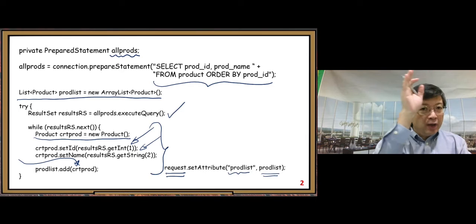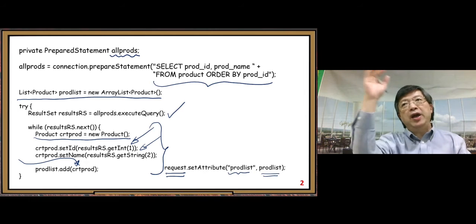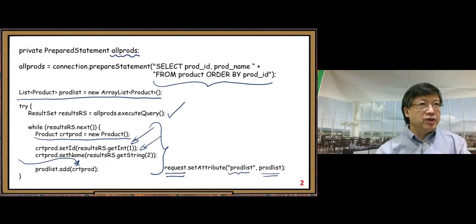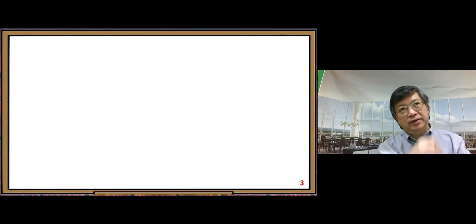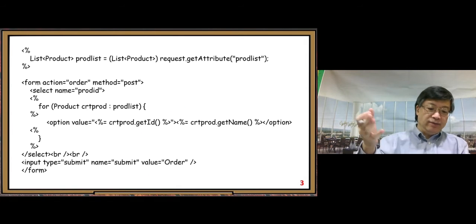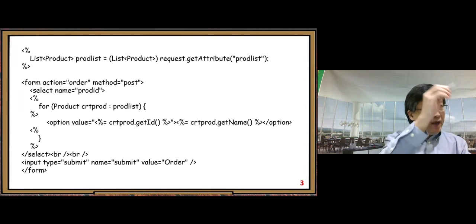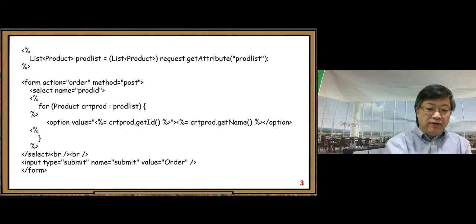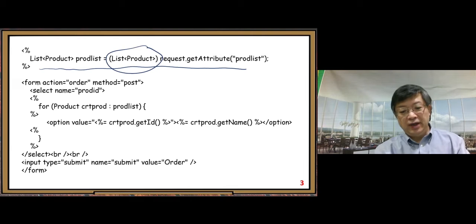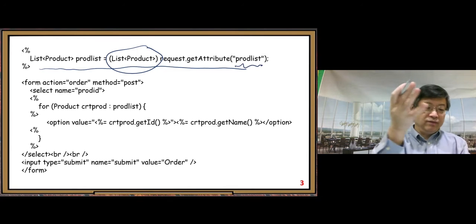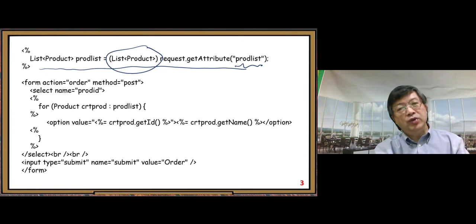In the input.jsp, we display this list of Java beans. For the display part, pretty simple. In the input.jsp, first, we retrieve the data from the request scope. We do casting here, under the key. This is the standard way to retrieve our data.